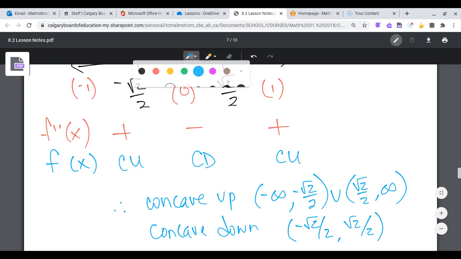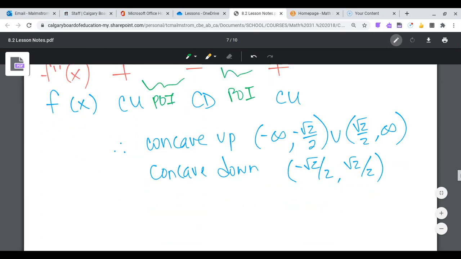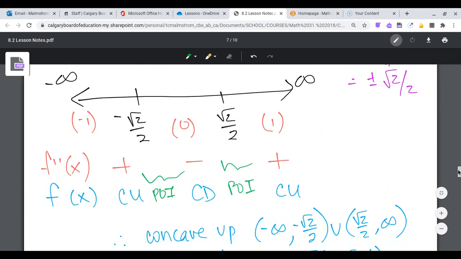We also have 2 points of inflection because we have concavity changing right here. So what are those points of inflection? I have to squeeze those points of inflection in right here.